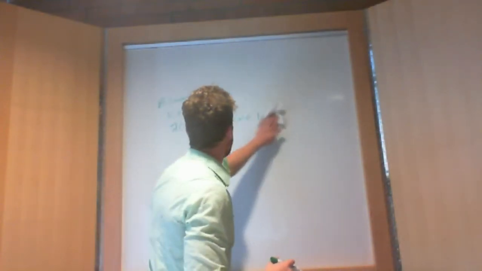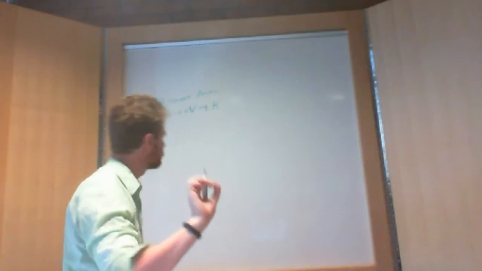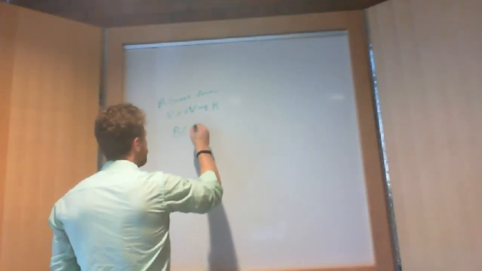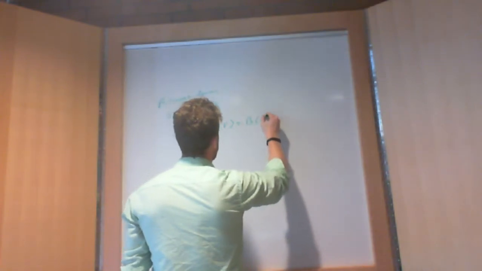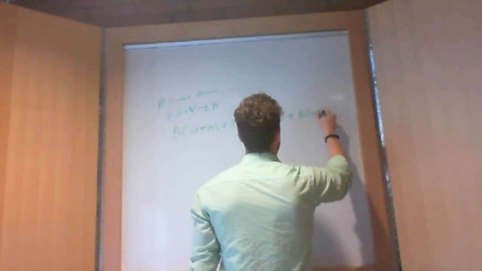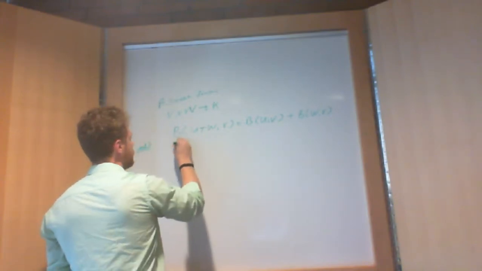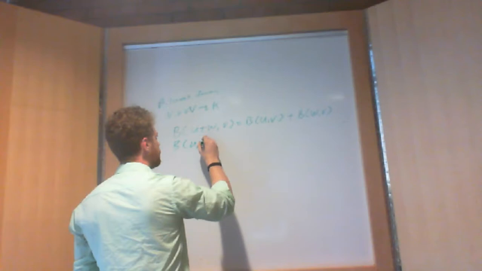So the properties of the bilinear form are that it's bilinear, so it's linear in the first and second arguments, or actually not quite. Let me show you what I mean. B(u + w, v) equals B(u, v) plus B(w, v). This is the additivity, and we have additivity in the second argument.